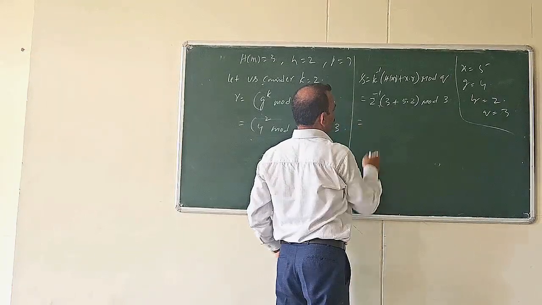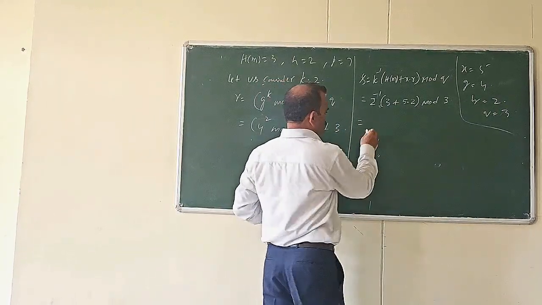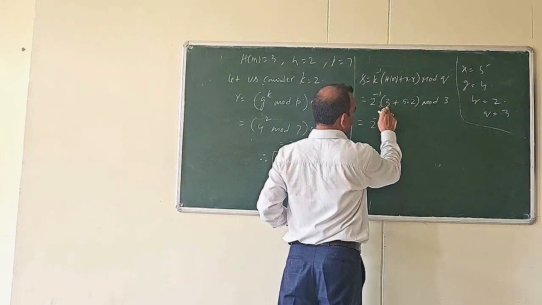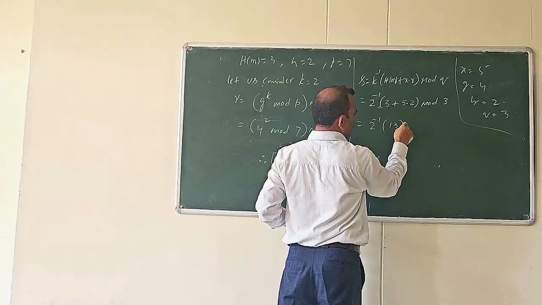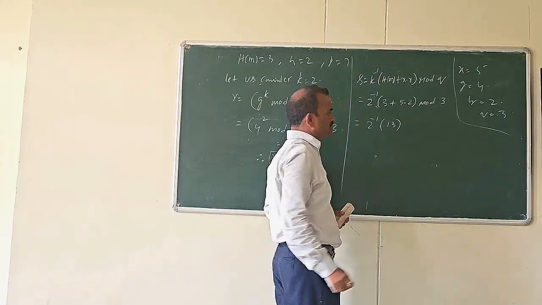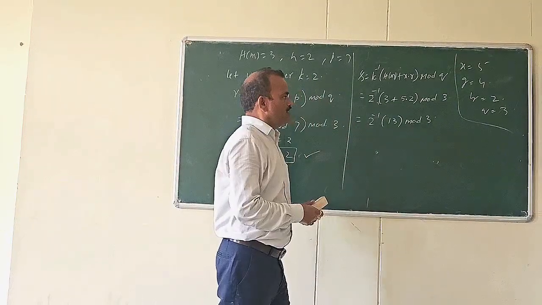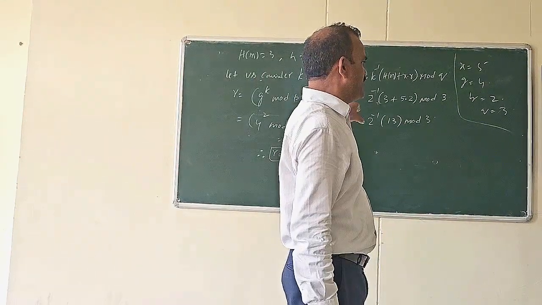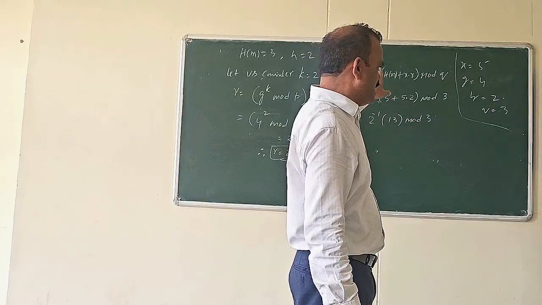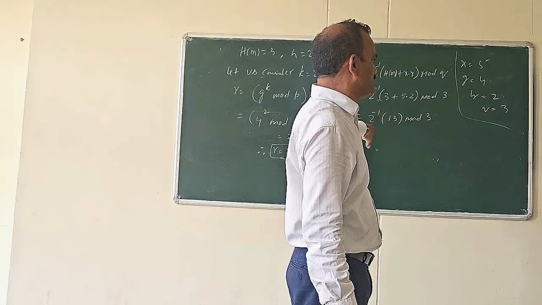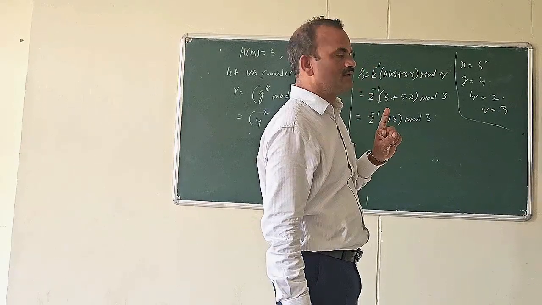Here one thing you remember: 2 inverse into 3 plus 5 into 2, that is 13, mod 3. If you take any multiplicative inverse, any number multiplied with this number modulo 3 should give 1.